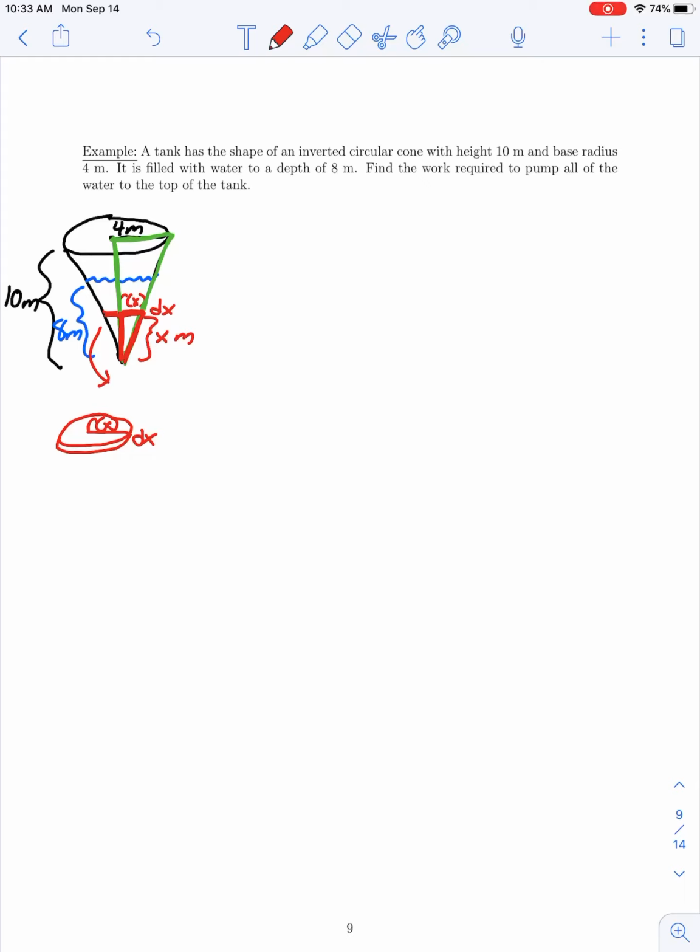So if those two triangles have the same angle measures, they're said to be similar triangles.